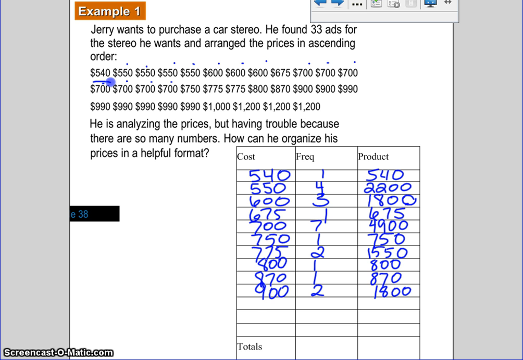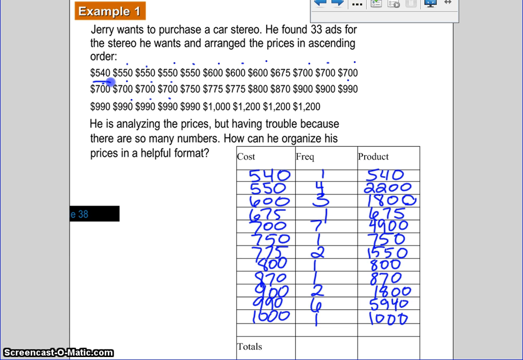Then we have 990, and it looks like there's 1, 2, 3, 4, 5, 6 of those. So when I multiply that out, I get 5,940. Next, I have 1,000, and there's one of those, so it totals out at 1,000.